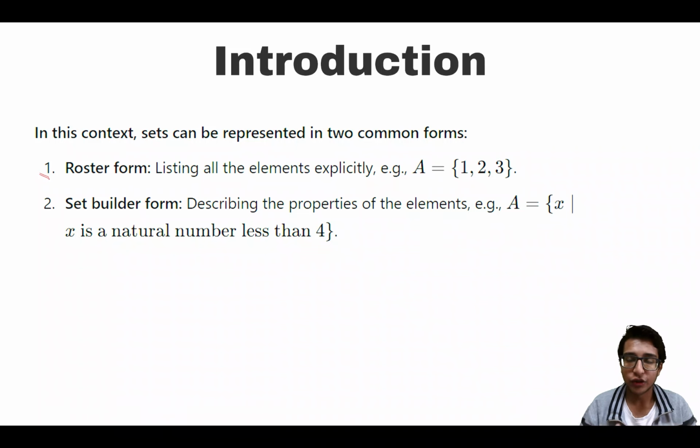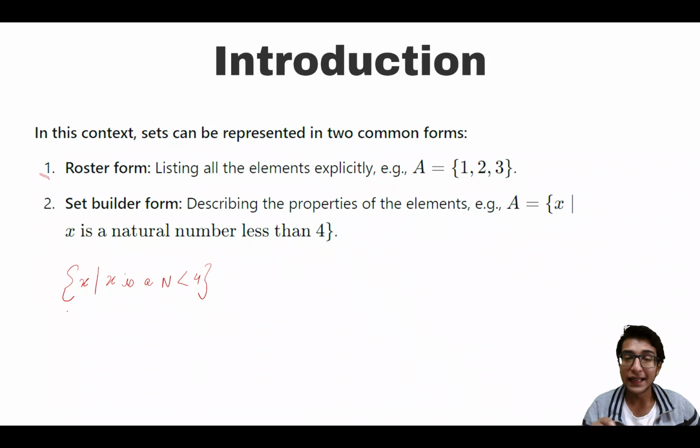Now let's say if I was to represent this 1, 2 and 3 in terms of words, how am I going to do it? It can be written as A equals {x : x is a natural number less than 4}. That means if I was to write this set down, it is written in this format. x is a natural number less than 4. So I can write it down in this way also.